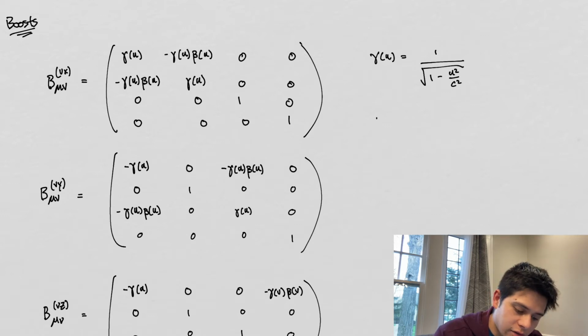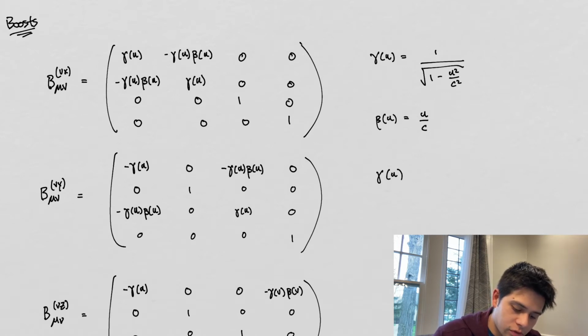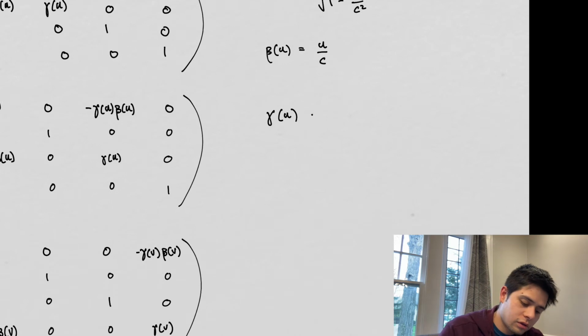And beta of u is equal to u over c, okay? So we can rewrite gamma of u, right? This is a function of velocity. The u is the velocity of the particle.